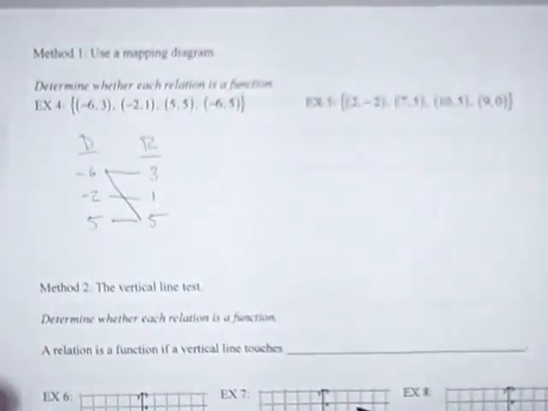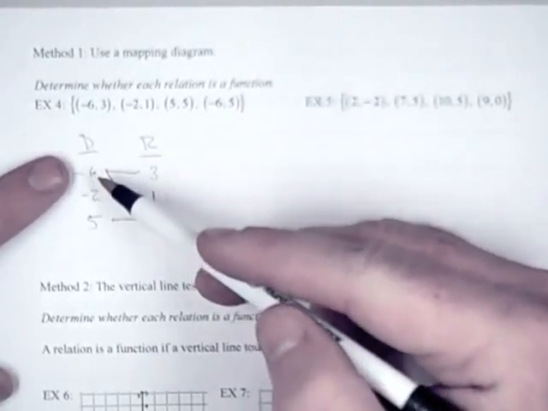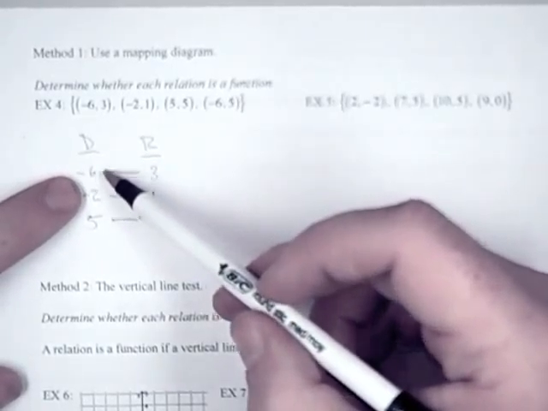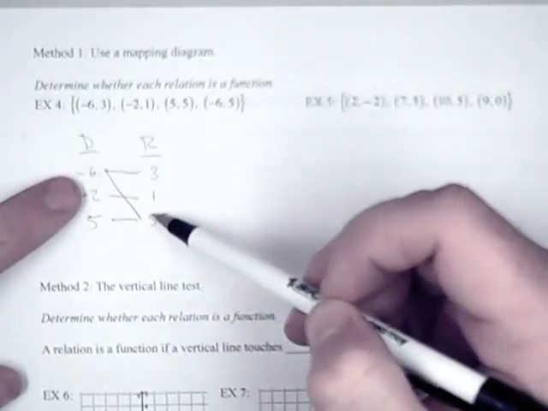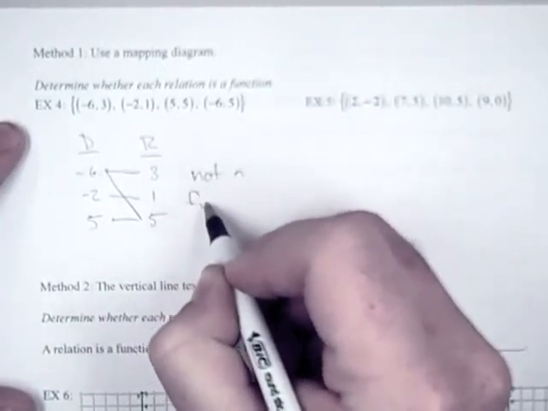I'm going to look at my mapping diagram. It's a function if each domain only connects to one range. But I see here that -6 connects to 3 and 5, which makes this not a function.